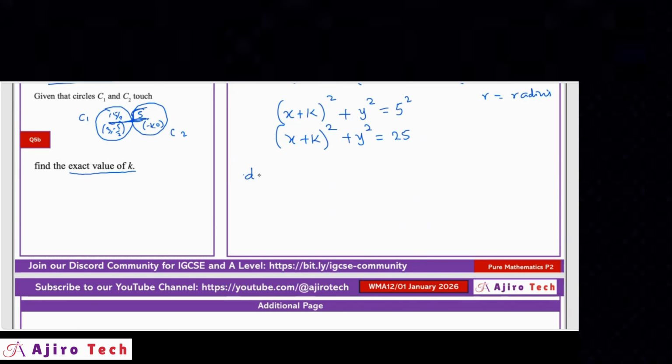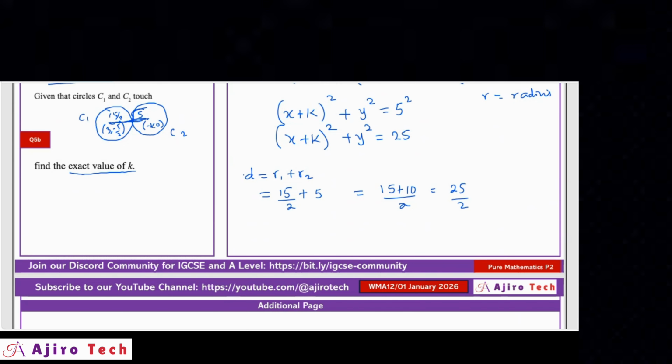The radius of the first one is 15 over 2, while the radius of the second one is 5. If we add these together, we have 15 plus 10 over 2, which is 25 over 2. Good. Then the sum of the radii is equal to the distance between the two centers. So we have the two centers and we have to get the value of k.